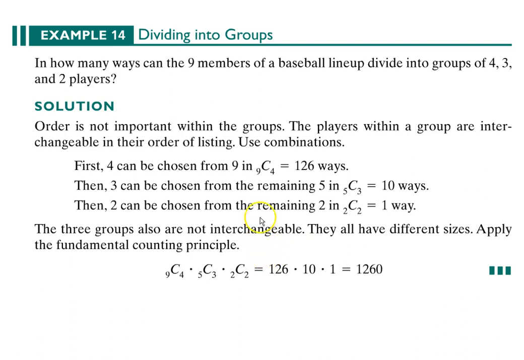So you would set it up 9 for our first n, and you're selecting 4. Then, since you no longer have 9 to select from, it's 5. You're going to select 3. And then later, you're going to have 2 left and selecting 2. So here it is set up below. If you get one like this in your homework, then this is a model that you can follow. And you end up with 1,260.